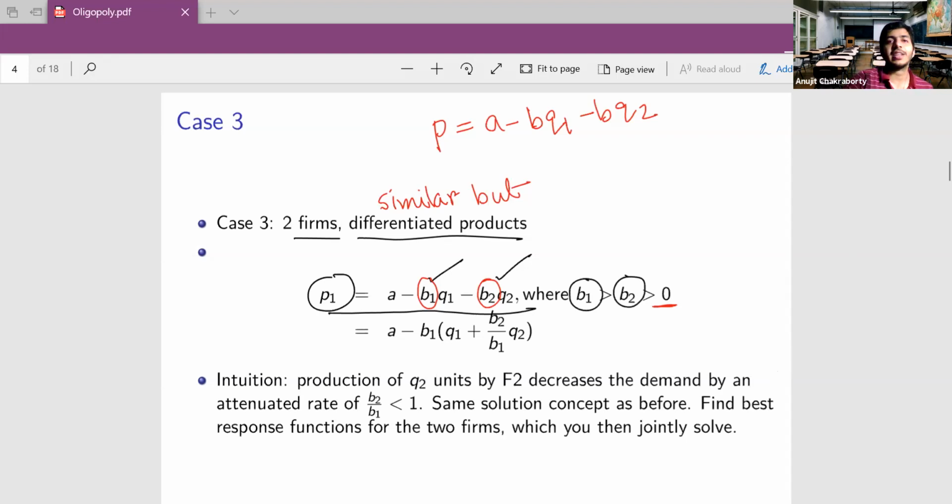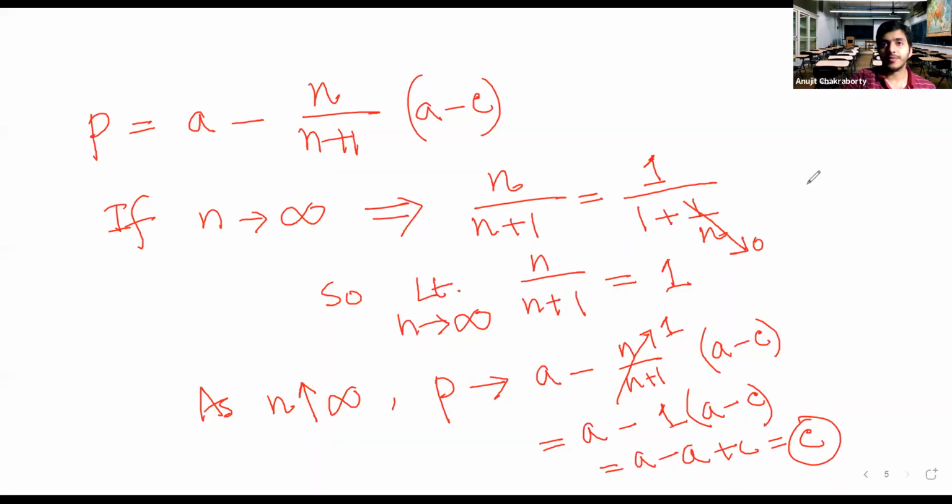Actually, let's just take a problem from the problem set itself. So let me find the problem set so that I can directly solve the problem from there. Let's take this problem directly from the problem set, and let's try and solve it.